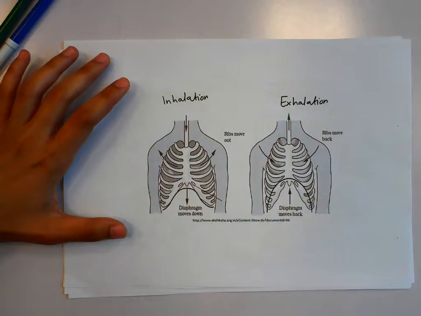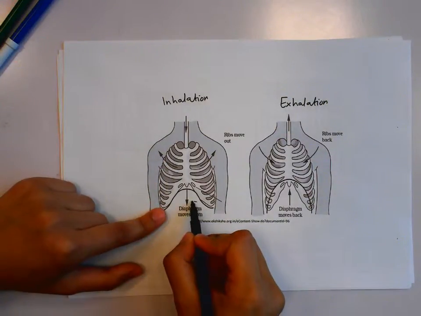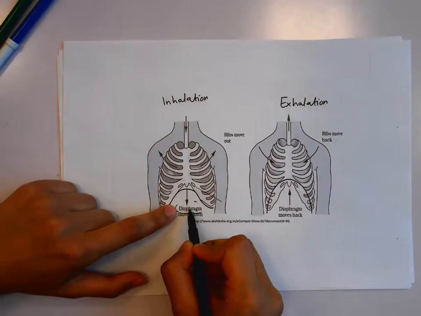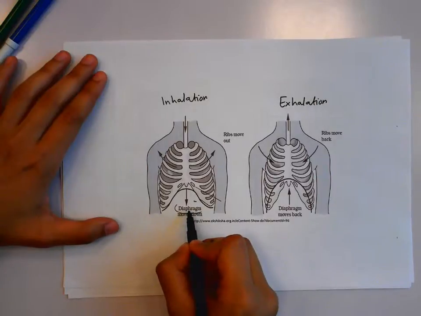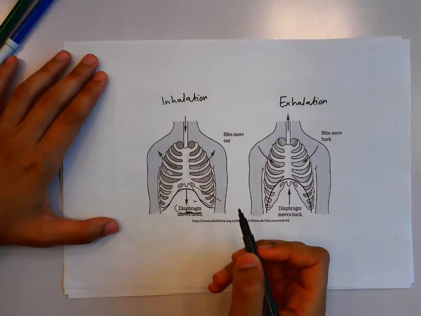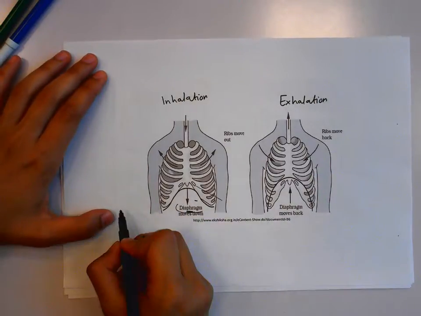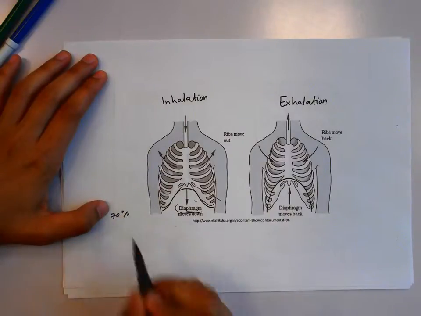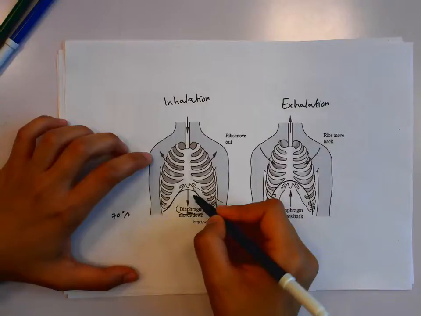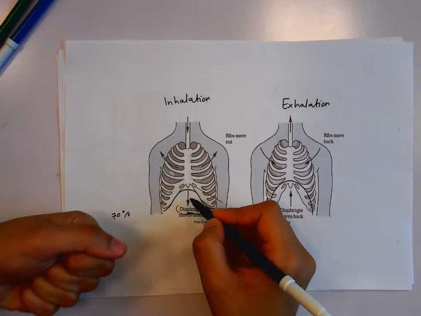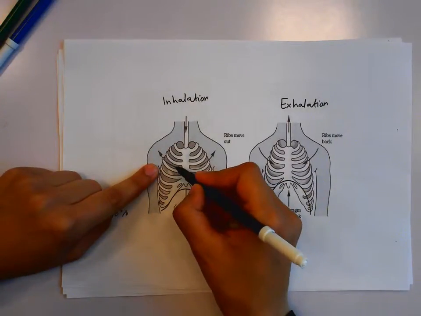For you to inhale, to get air inside your lungs, your diaphragm contracts. The diaphragm is the most important muscle for respiration. Actually, if the diaphragm gets paralyzed, you will lose about 70% of the respiration. So this diaphragm contracts and moves down.